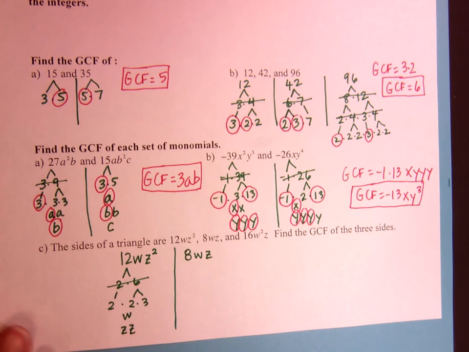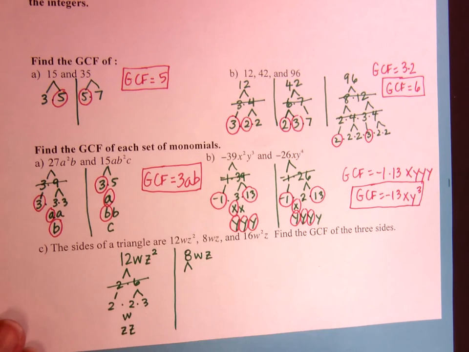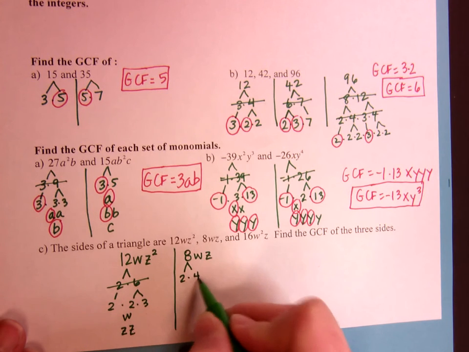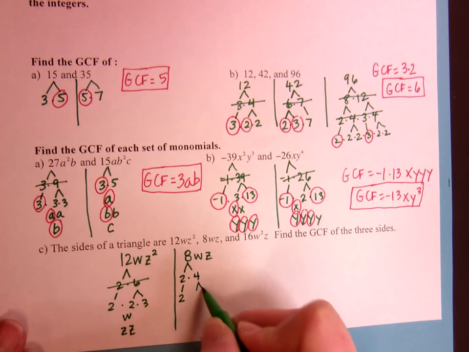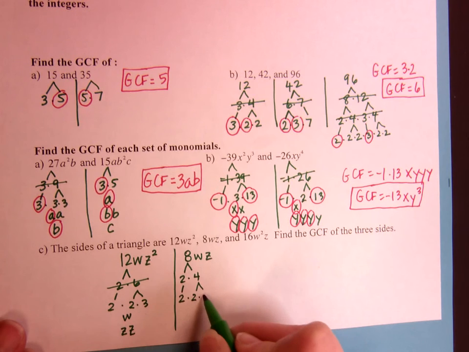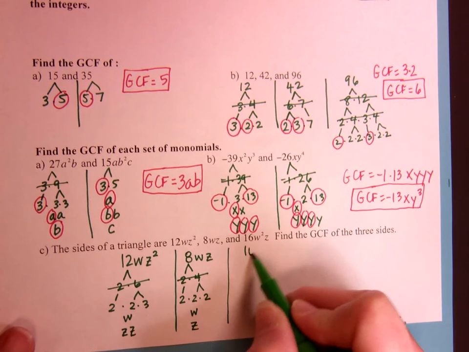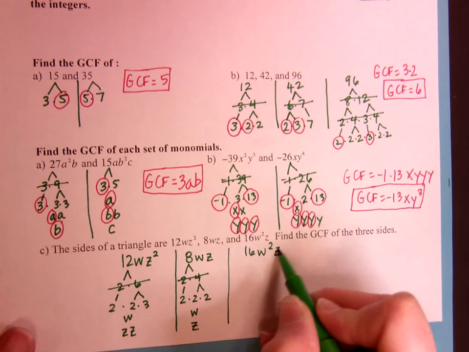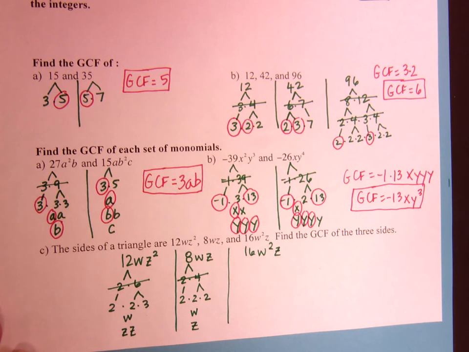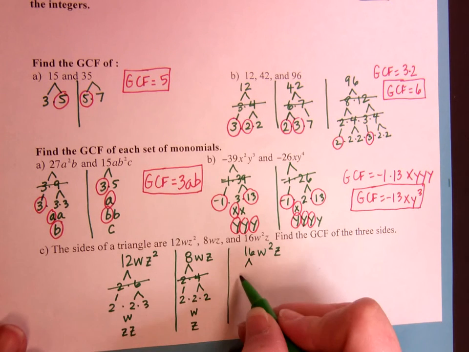All right, so how about the 8? 4 times 2. The 2 is prime, but the 4 is not. So we break down the 4 with a 2 and a 2. 1w, 1z. All right, so now we've got a 16. 4 times 4.